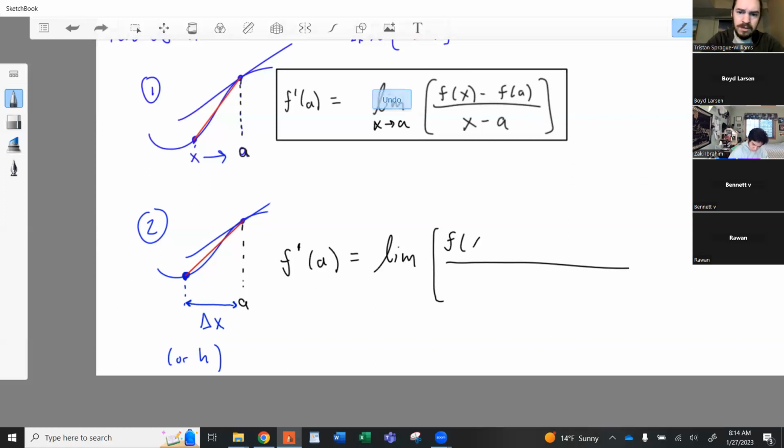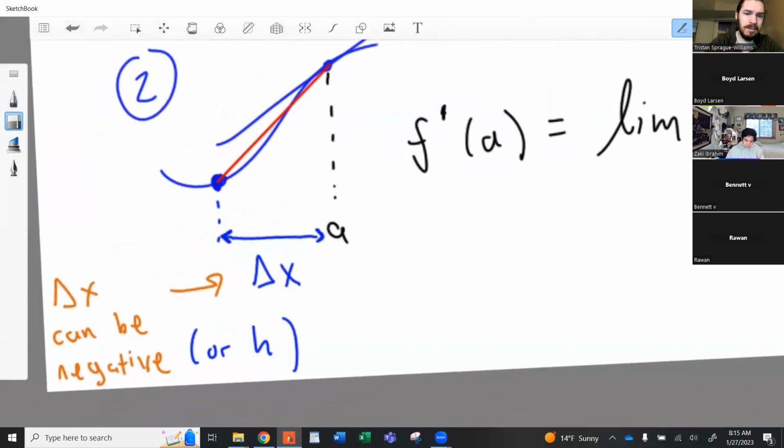And the way you do it is you say a plus delta x. And this delta x in my picture over here, by the way, delta x can be negative. In my picture right here, delta x is probably negative because it's going to the left.